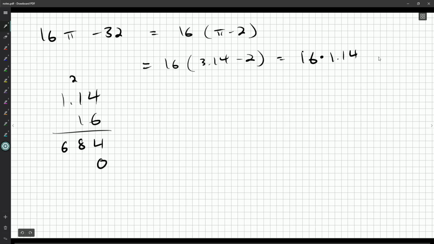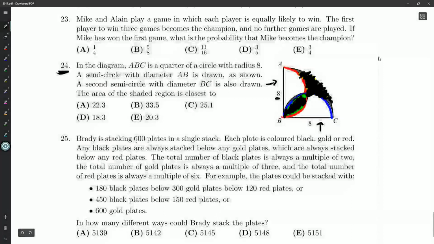And then 0, 4, 1, 1. Add them up. 2, 1, 8, 1. So it should be 18.24, I think. So maybe 18.3. Is that one of the... Yeah, there it is. 18.3.